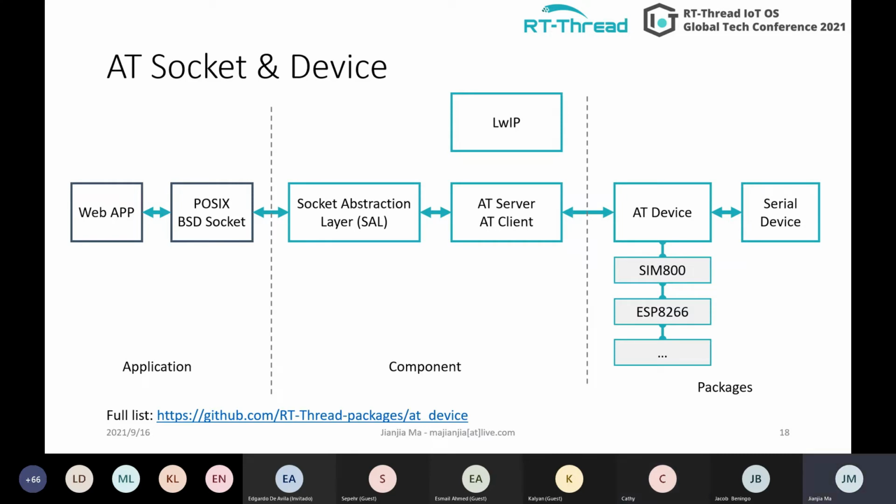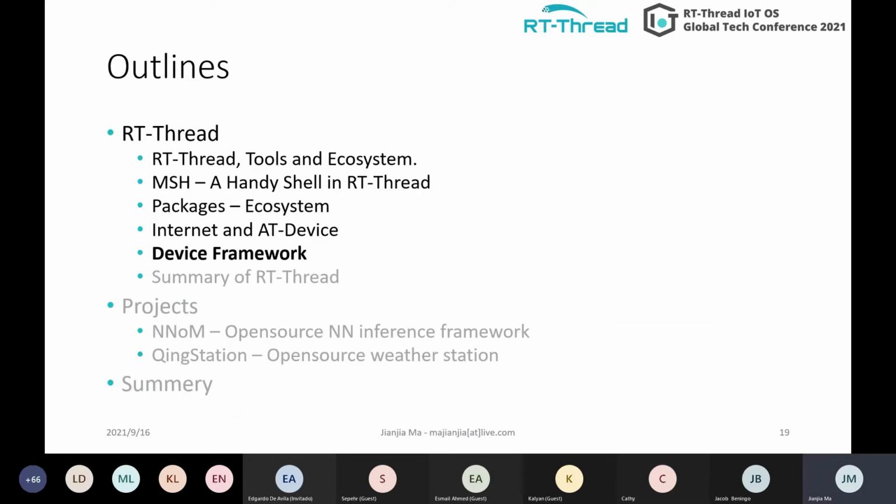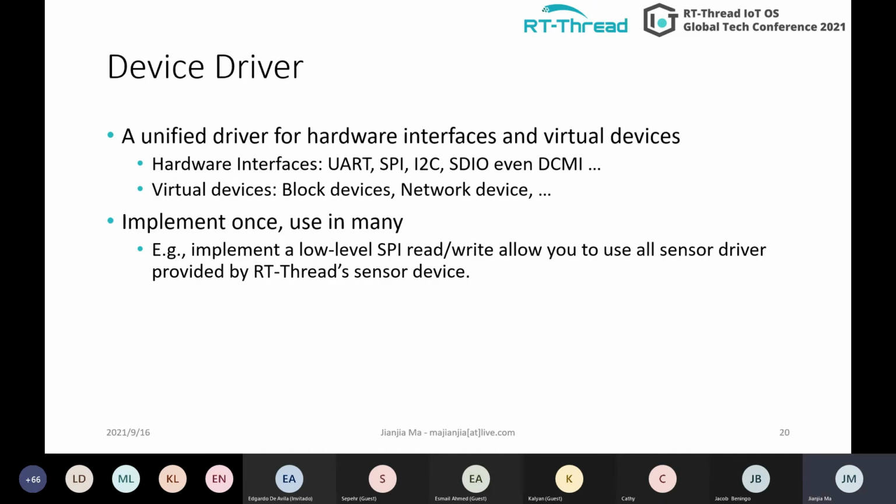Next, again, is a nice framework called the device framework, which in fact the network is based on as well. So I think it's also very important to give you an idea about it. In RTThread, we have something called a device driver, or we call it a device.